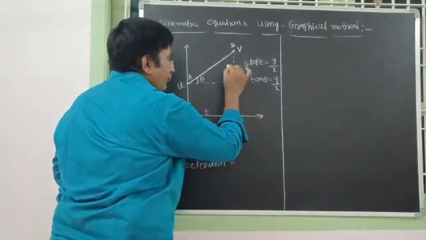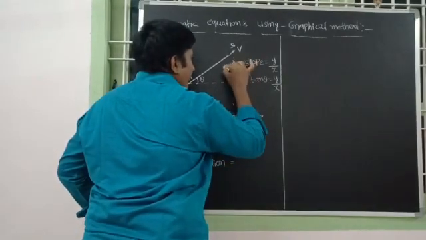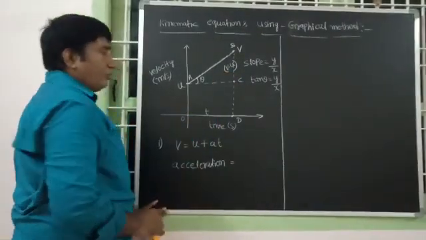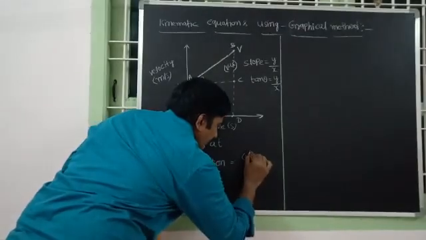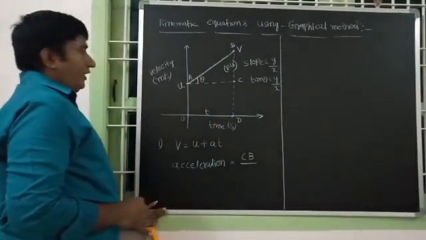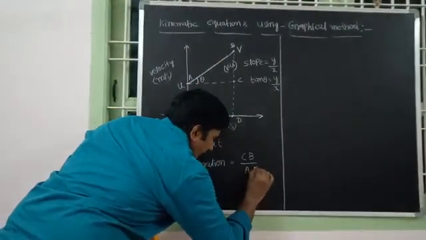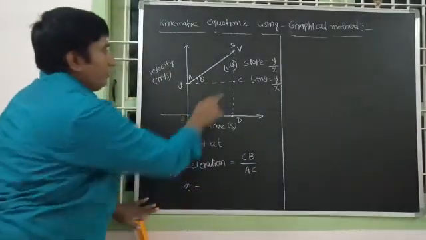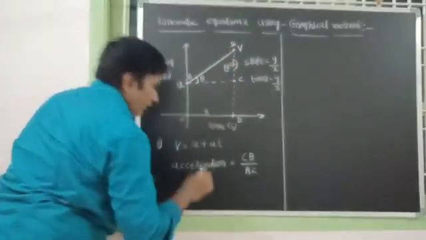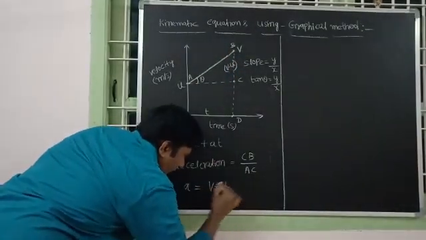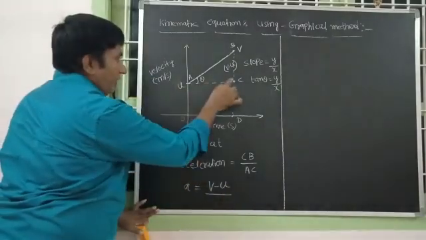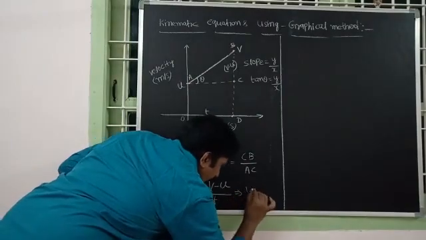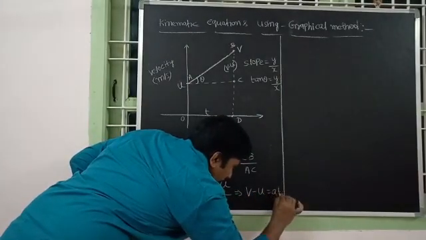If you subtract, it is V minus U. So acceleration is equal to opposite side CB by adjacent side AC, that is A is equal to V minus U by T, since A to C is the time. With this, I can write V minus U is equal to AT.